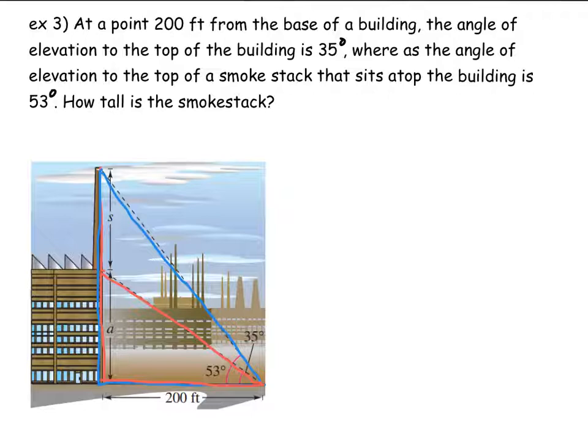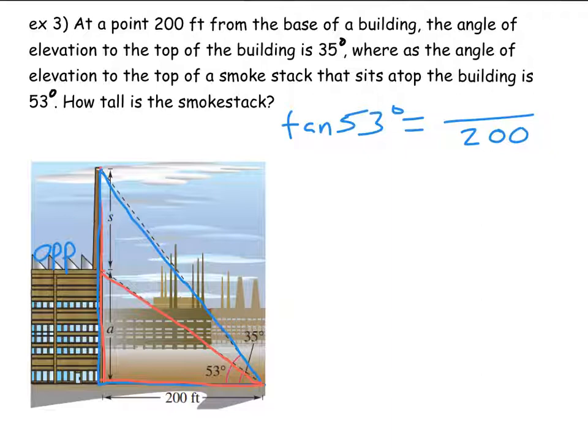and I'm going to say tangent is the ratio I want. Tangent of 53 degrees is something over 200. This something is the opposite side of the big triangle that is really comprised of two distinct lengths.